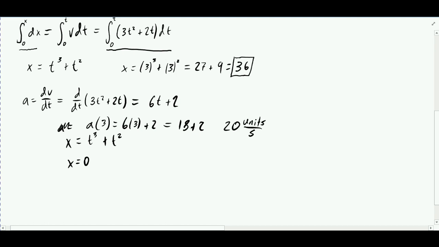Our initial acceleration, however, will be a little bit different because we have a constant in there. Our equation for acceleration is 6t plus 2. So what's our initial acceleration? Well, you put a 0 in that equation. 6 times 0 plus 2. We get 2. 2 units per second. You can say feet, whatever. And those are our answers.